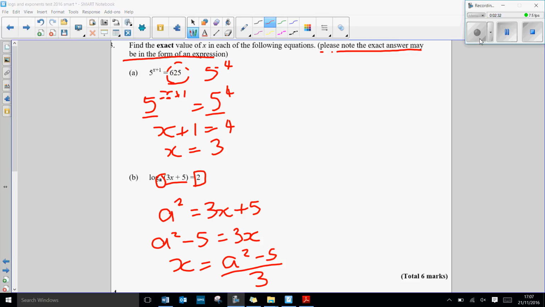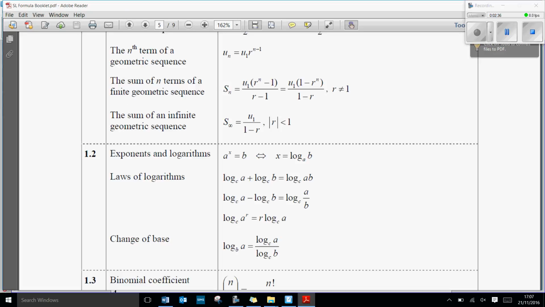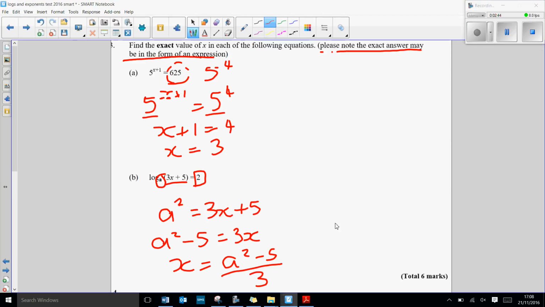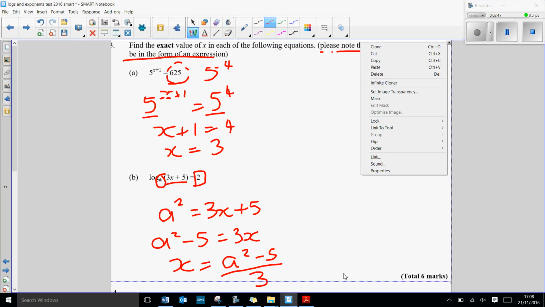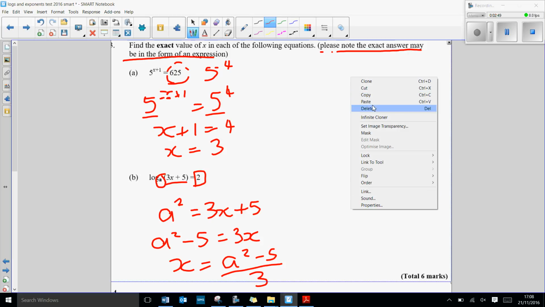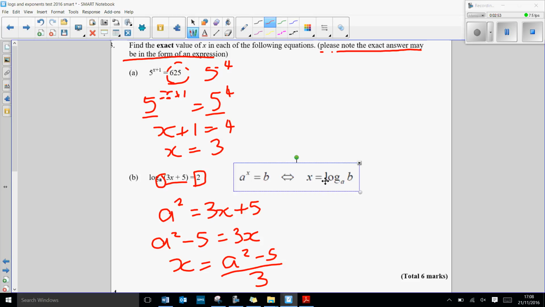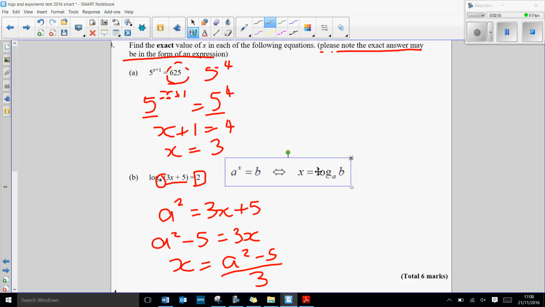Just in case you were wondering how I did part B, just to clarify, we're looking at this rearrangement here. So we went from this log format to power format.